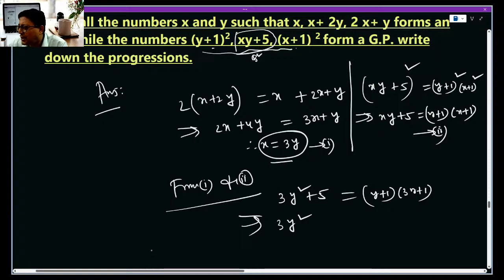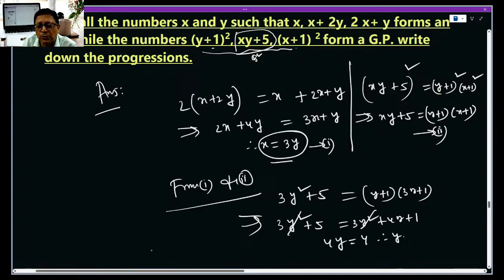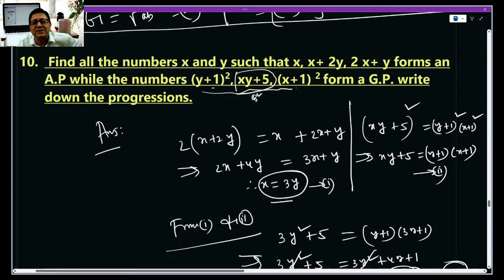So what do you get? 3y square plus 5 equals 3y square plus 4y plus 1. These two get cancelled. So 4y equals 4, y equal to 1, and this implies x equal to 3. Once you get x as 3 and y as 1, then the first series you can write easily.